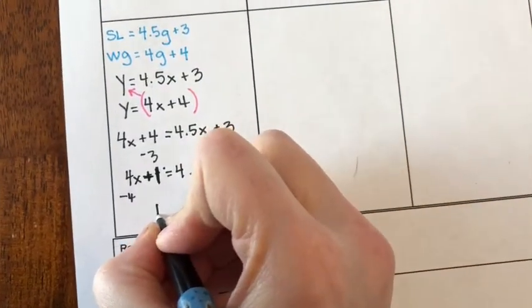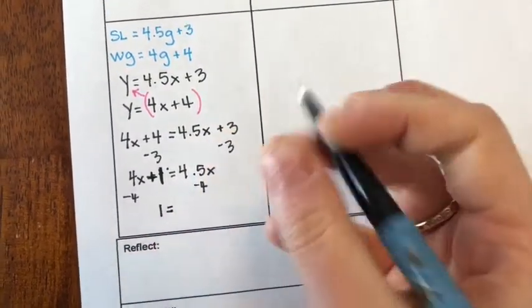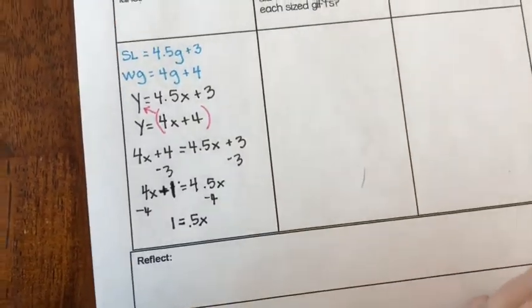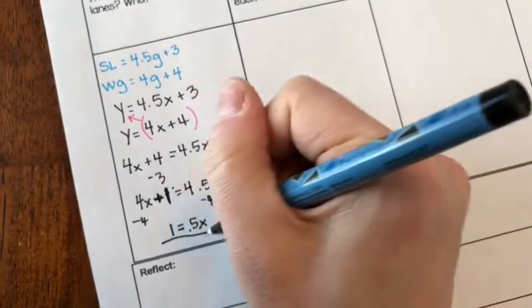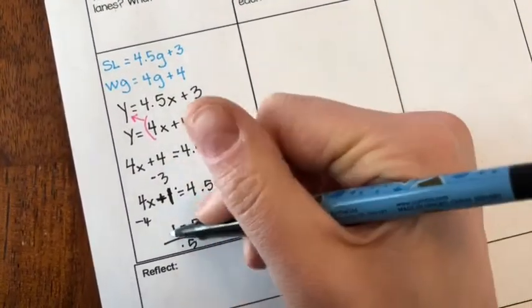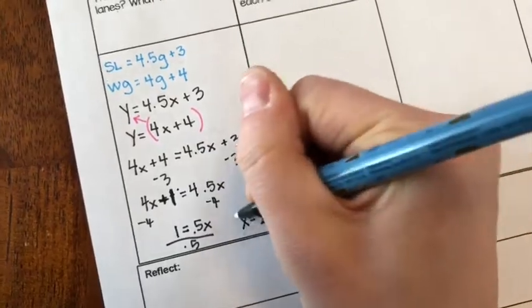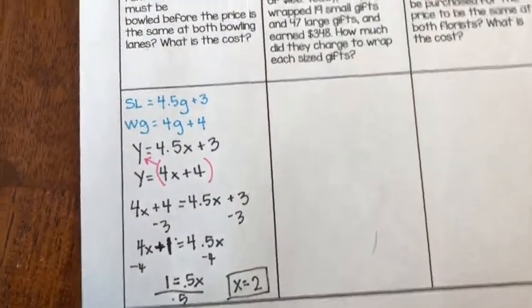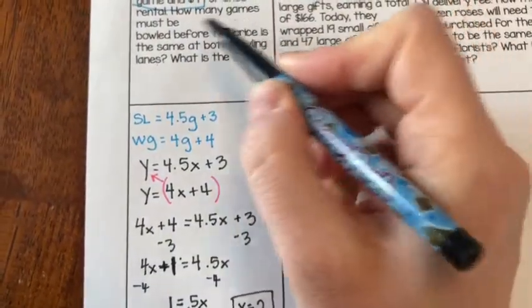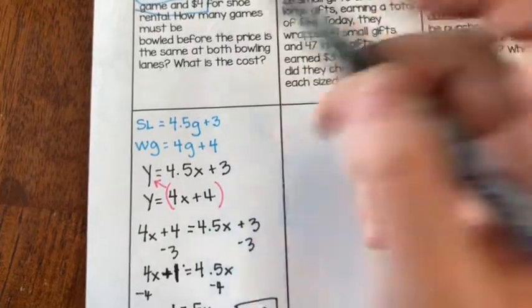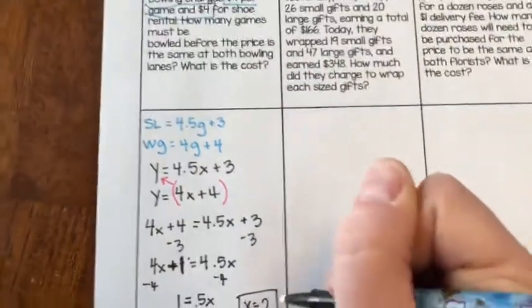So I end up with 1 equals 0.5x. And then we're going to divide by 0.5. So x equals 1 divided by 0.5, which is 2. So this means at 2 games, it's equal. How many games must be bowled before the price of bowling is the same? 2 games.